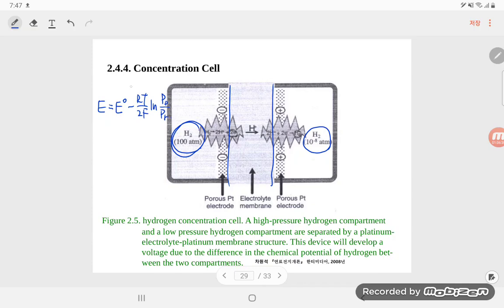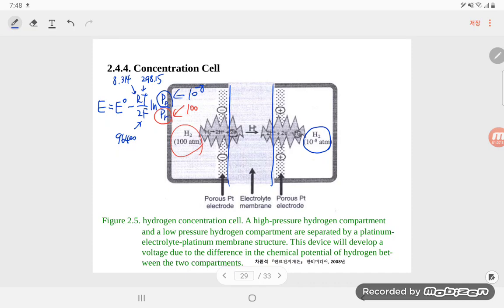If you insert each value, R is 8.314, room temperature in Kelvin, and F, and the pressures: 100 atm is the product and this is the reactant, so we insert 100 and 10 to the minus 8 atm here.